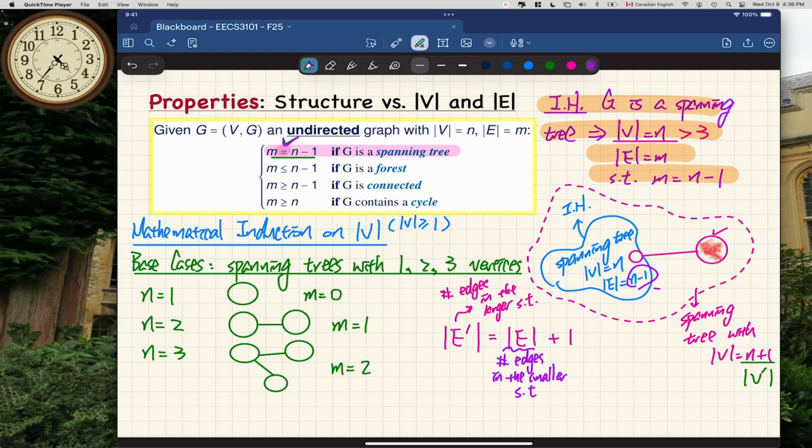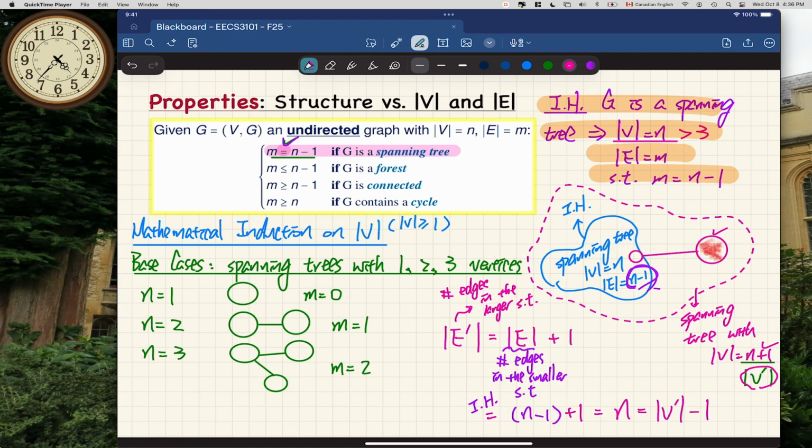So here we're going to say, based on the inductive hypothesis, it is n minus 1, and then plus 1. That gives us just n. And then we know that v prime over here is n plus 1. So we know that it's exactly equal to v prime minus 1.